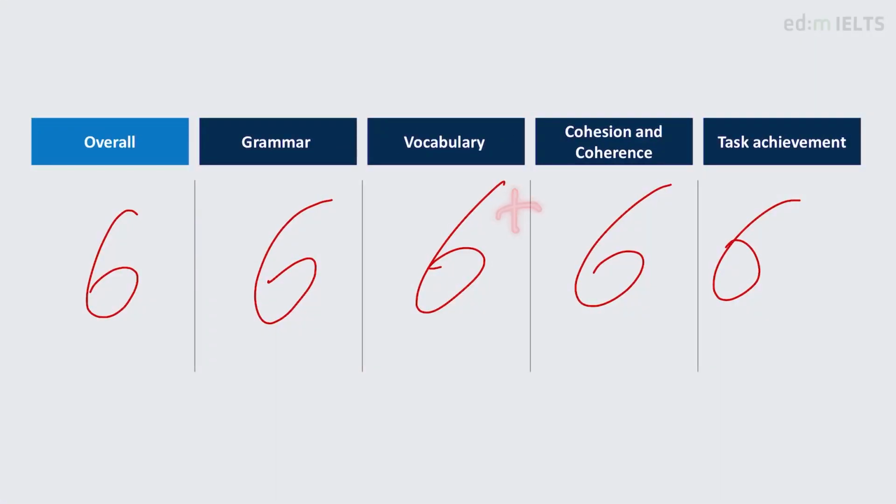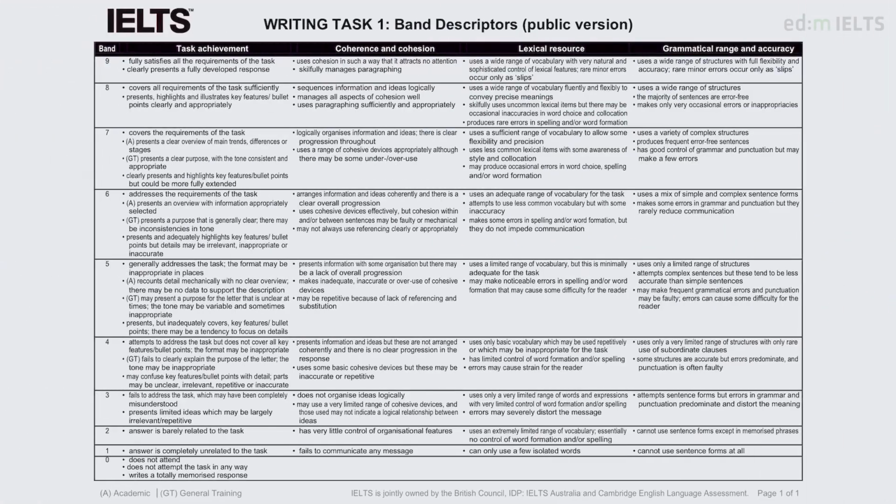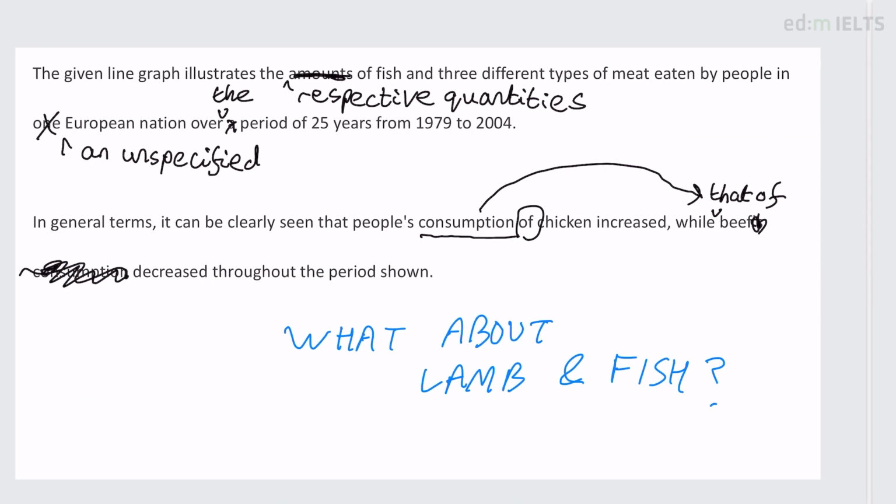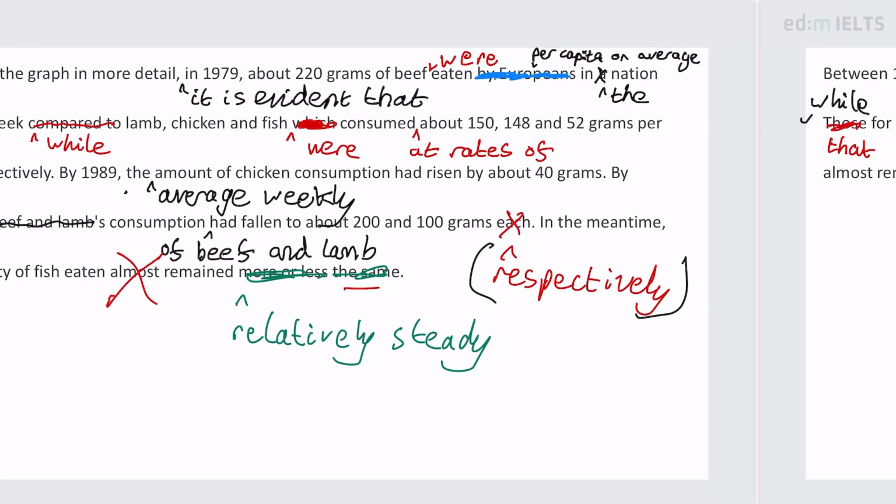I would give it 6+ if 6+ were possible. But it's not, so I kind of ended up just with a 6. But there was some good language, I thought. Overall, it was good. It was just maybe it could have been developed a little bit more. I'm not going to count the words, but it seems like it might be a little bit short, possibly.